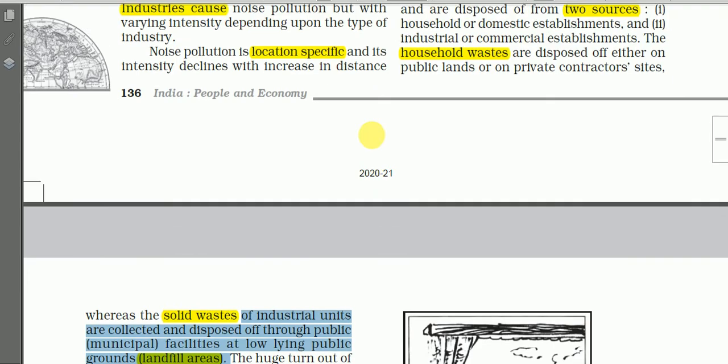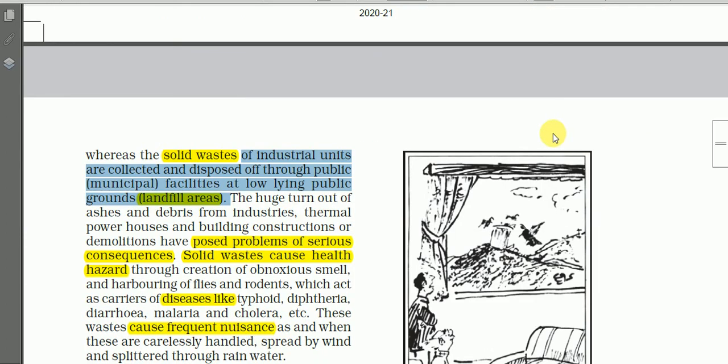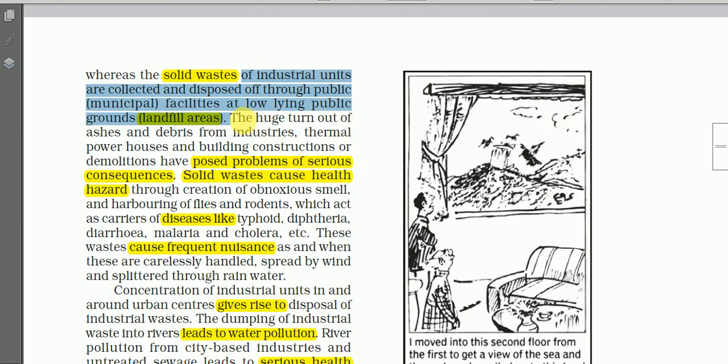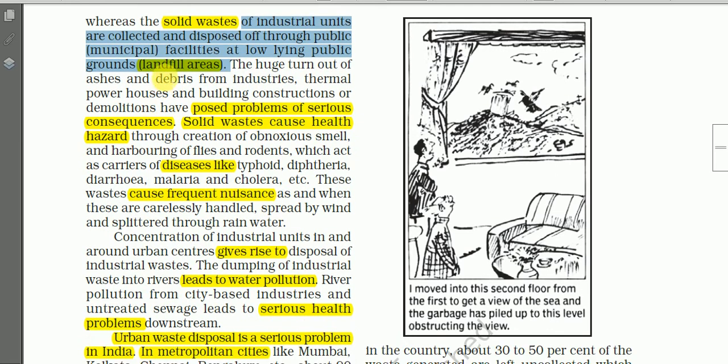So household wastes are disposed of on the public lanes or on private contractor sites, and the solid wastes of industrial units are disposed of through the municipal facilities at low-lying public grounds like landfill areas.